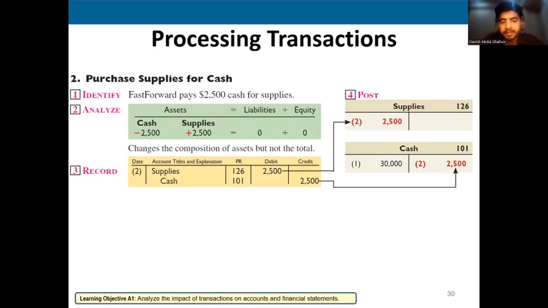Secondly, supplies is increasing by 2,500. Supplies is also an asset. So one asset is decreasing, which is cash, by 2,500, and by the same amount, supplies is increasing. So the overall net impact is zero. So I always say the accounting equation balance will always be equal on both sides of the equation.